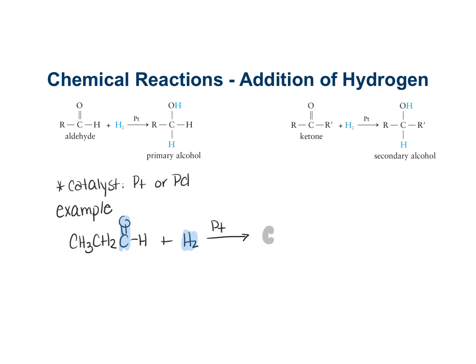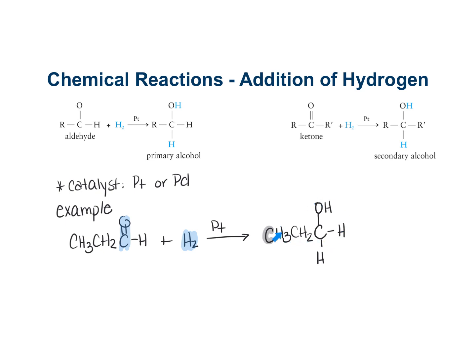And so what you would have is a CH3, a CH2, and the C will keep one bond to the oxygen because the double bond's gone away, and now we're going to add an additional hydrogen. And so we kept this hydrogen here, we've added a hydrogen here, and then we've added a hydrogen there. And so now we've made a primary alcohol.